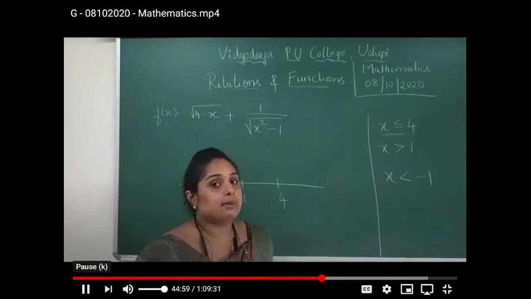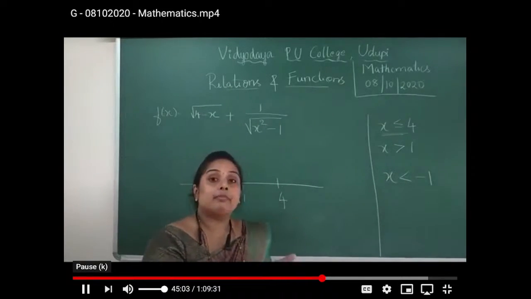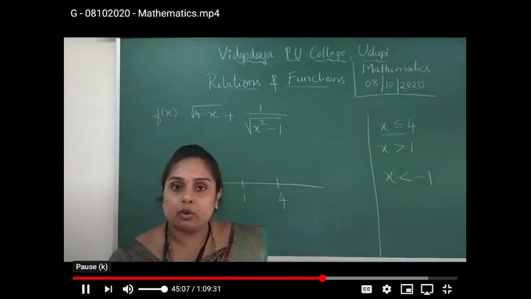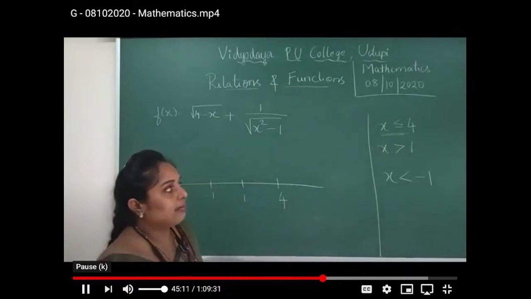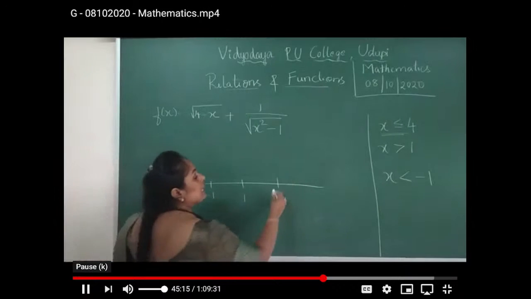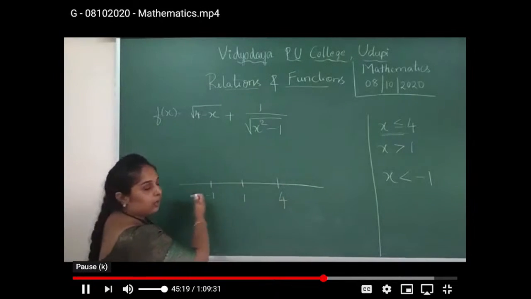See, while explaining subsets and intervals, I have told you how to draw them on the number line. Closed interval, open interval, one side closed, one side open and all. How to plot them on the number line, I have explained to you. Same now, x is less than or equal to 4. This is 4. Less than 4 means it comes this side.